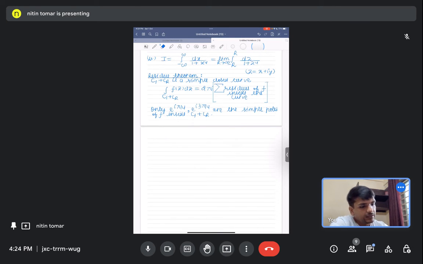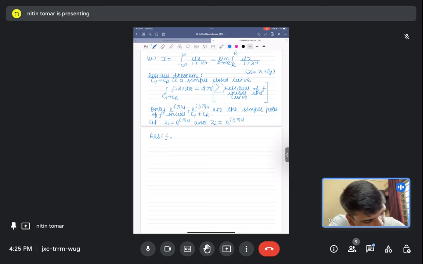Now, the next step is to compute the residues. So let z1 be e^(i pi/4) and z2 be e^(i 3pi/4).